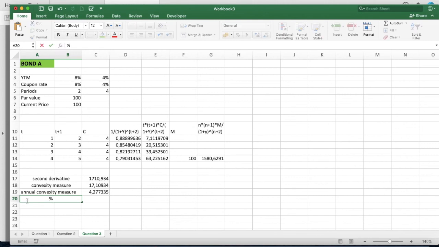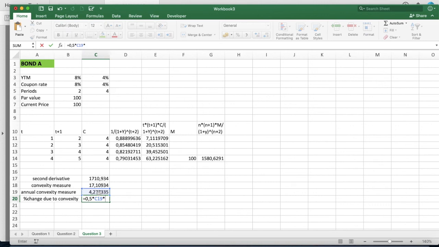So the percentage change due to convexity is equal to 1/2 times the annual convexity measure times the square of the yield change.